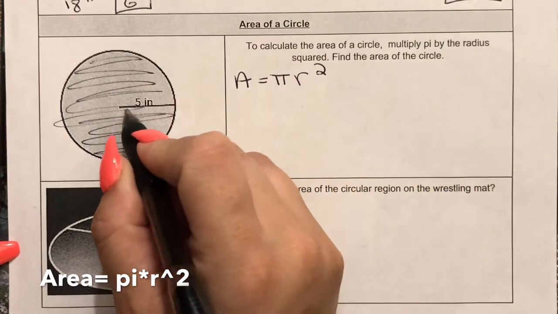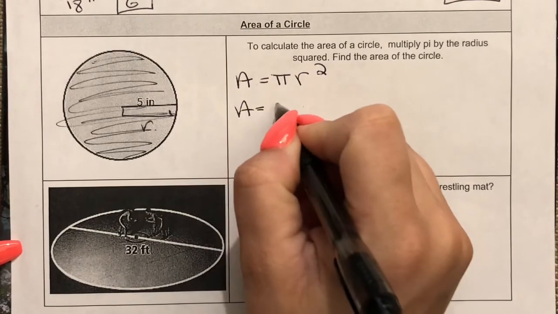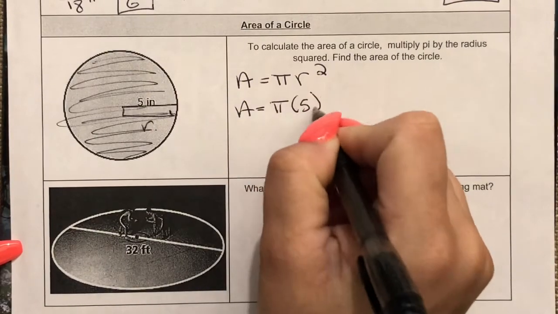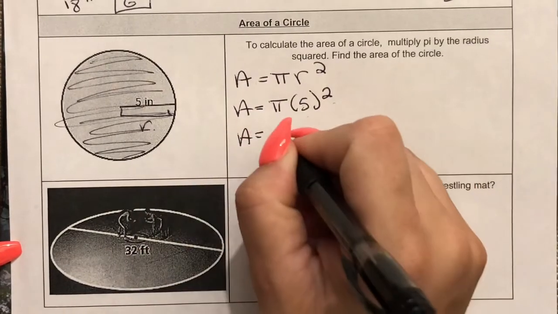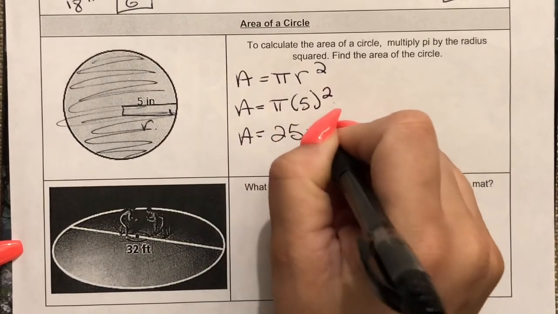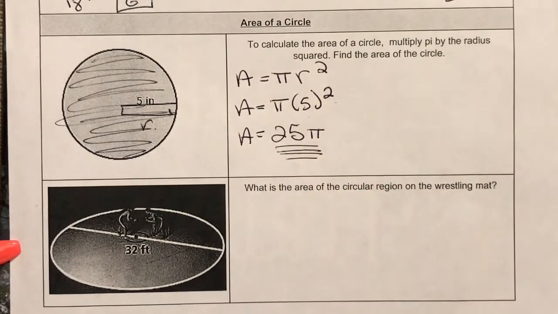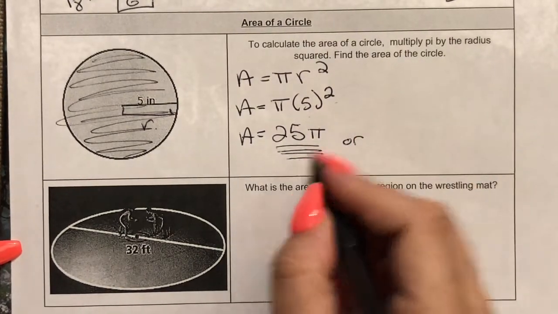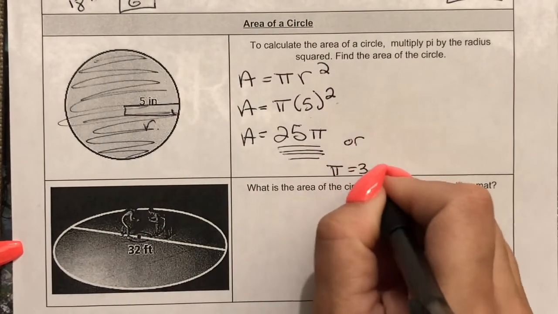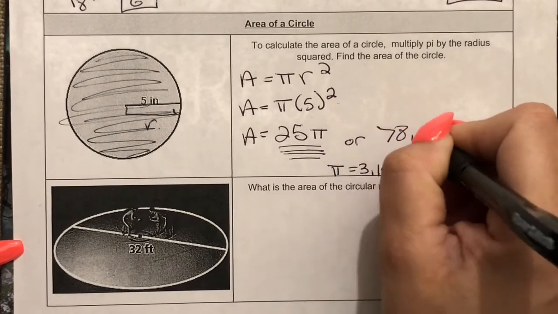Here I can see that my radius is 5, so all I'm going to do is plug in that 5. 5 squared is 25, so the area of this circle is 25 pi. That is in terms of pi, if your instructions ask you for that. Or I can convert it to a decimal by making pi 3.14, and that works out to be 78.5.